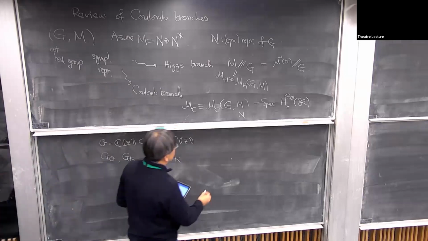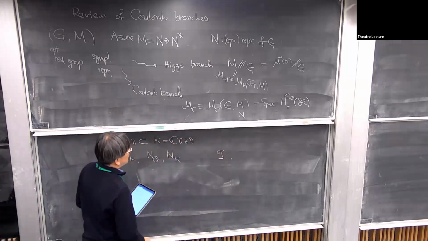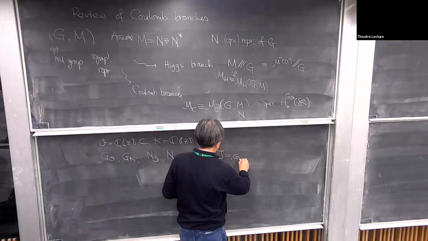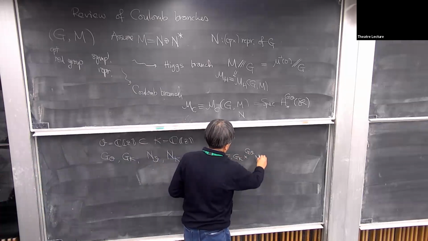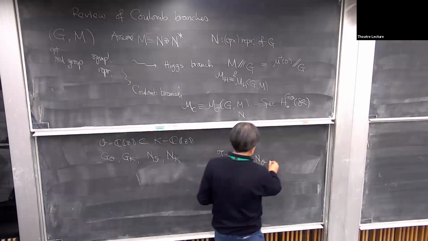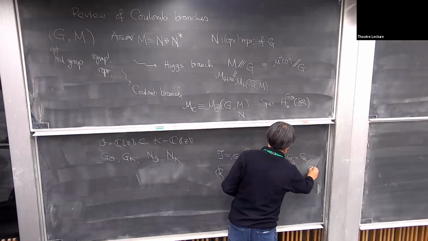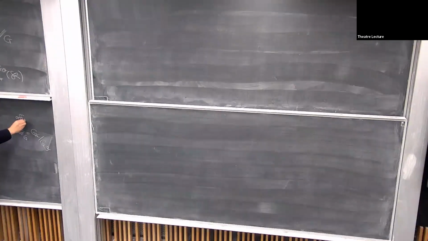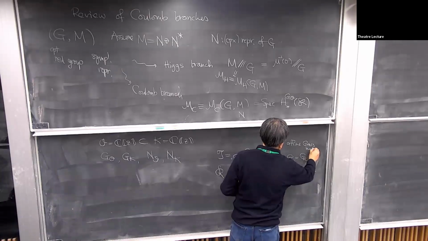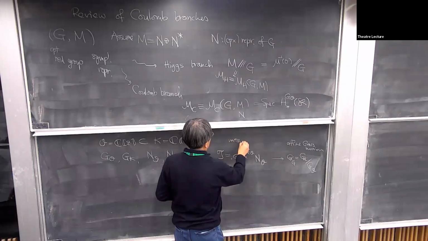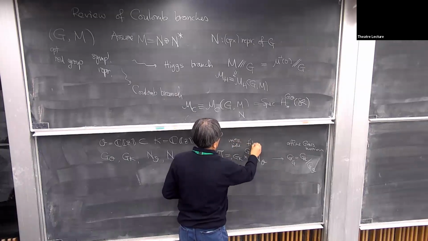Then we consider two spaces T and R, as Eugene explained. T is a vector bundle over the affine Grassmannian, whose fiber is N(O).